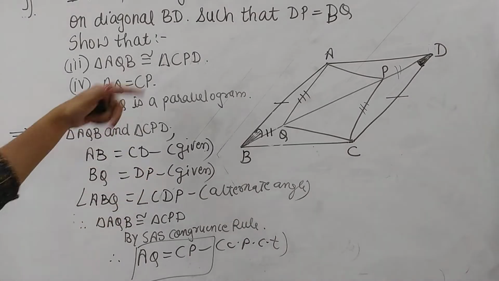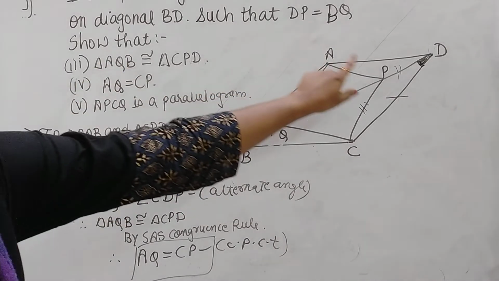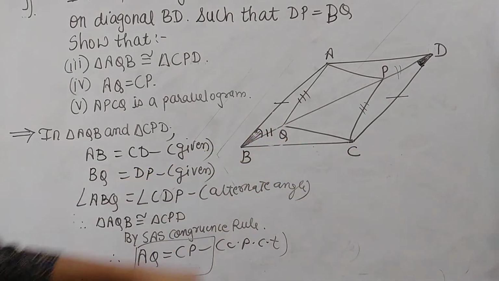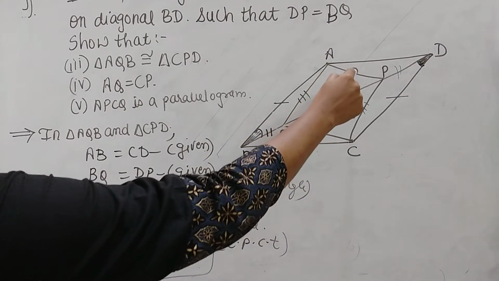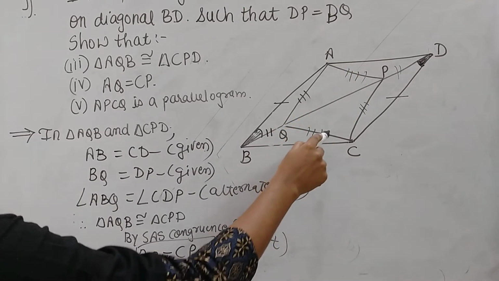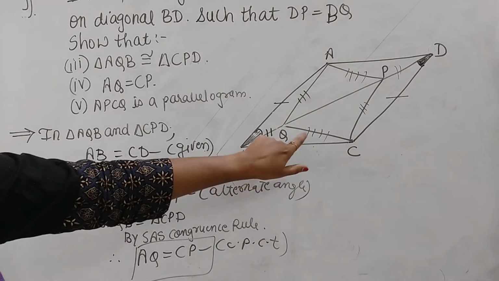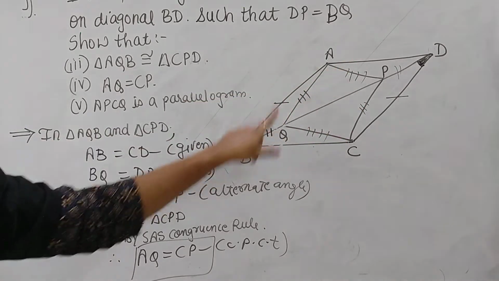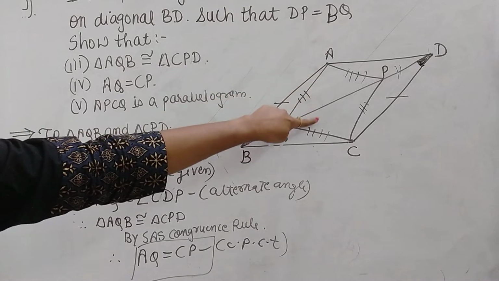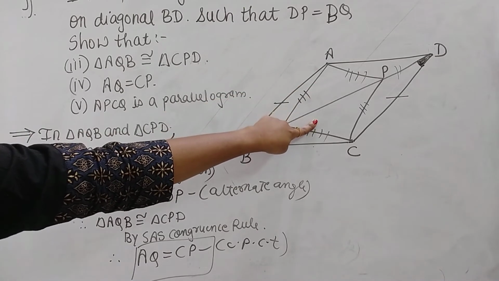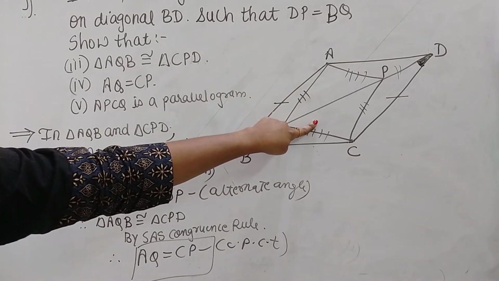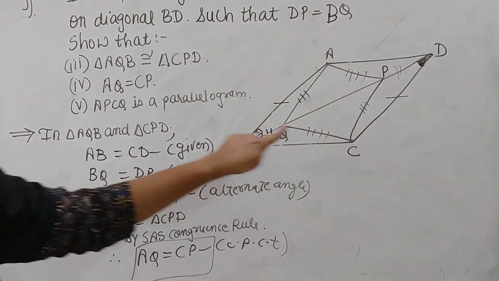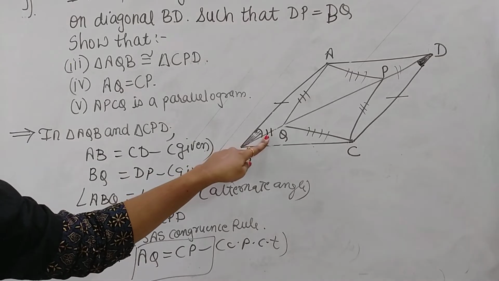Similarly, when we have proved our previous triangle, that is APD and CQB, that time also we have proved by CPCT that your AP is equals to CQ. So therefore, as in a quadrilateral, when opposite sides are equal, then it is a parallelogram. So therefore, by the theorem that a quadrilateral is a parallelogram when its opposite sides are equal, APCQ is a parallelogram.